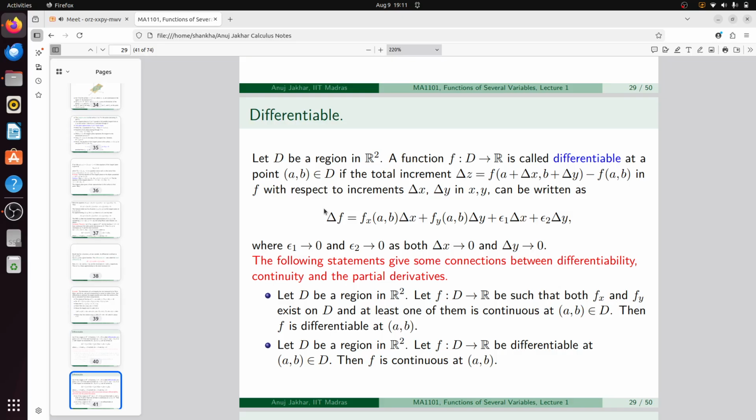Is it clear? That means the partial derivatives should exist in the domain, in the region. Region means an open connected domain. Let D be a region in R2.